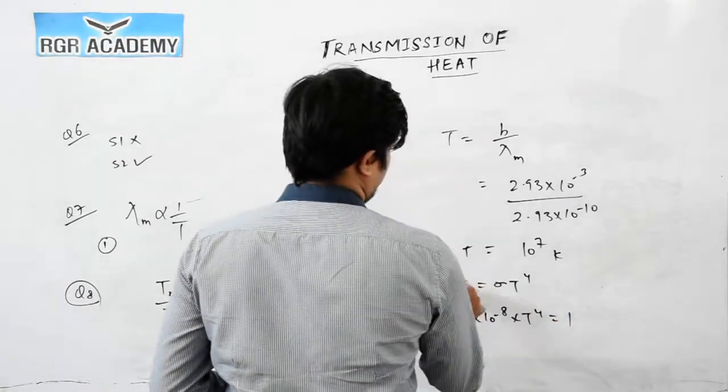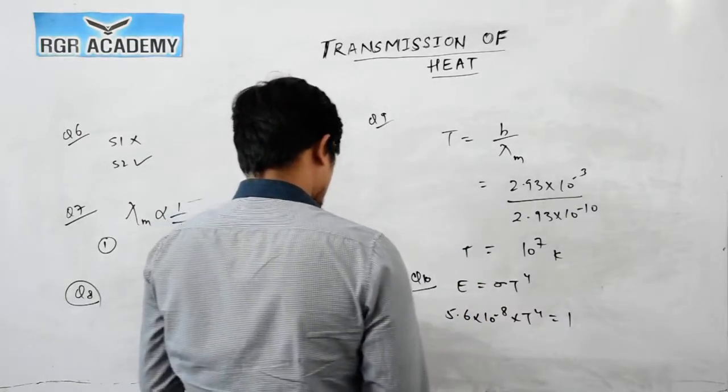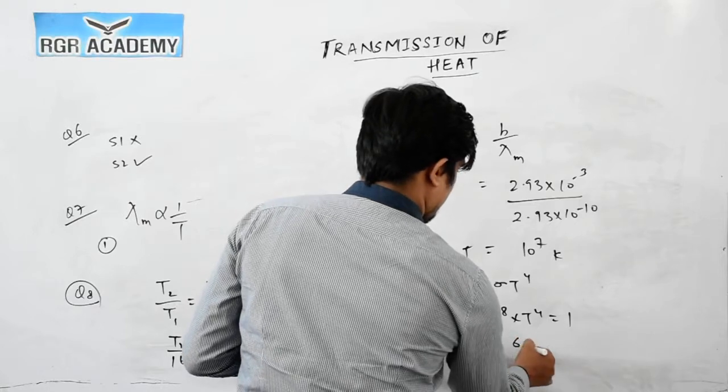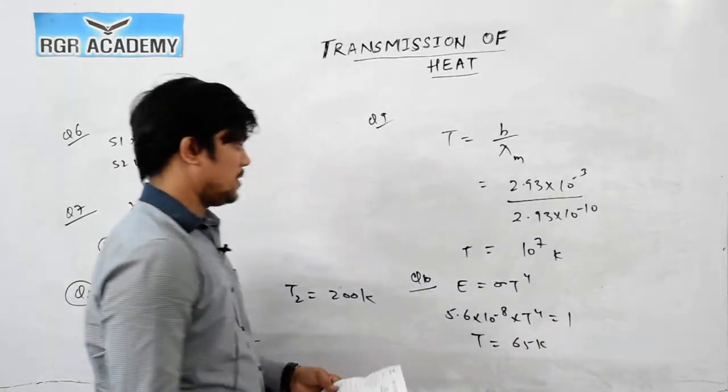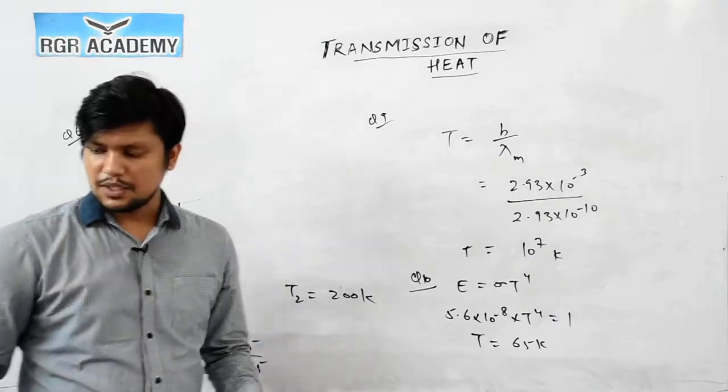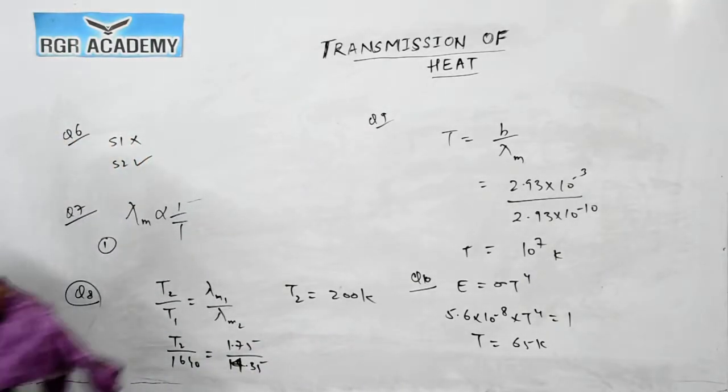That is actually energy per unit time, that is power. So the T value you will get is 65 Kelvin. So question number 10, the answer is 1. Okay. Now question number 11th.